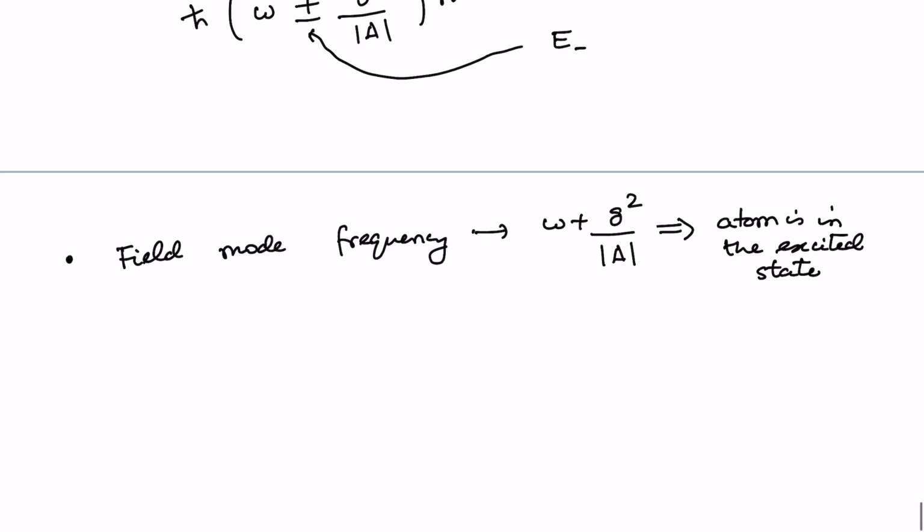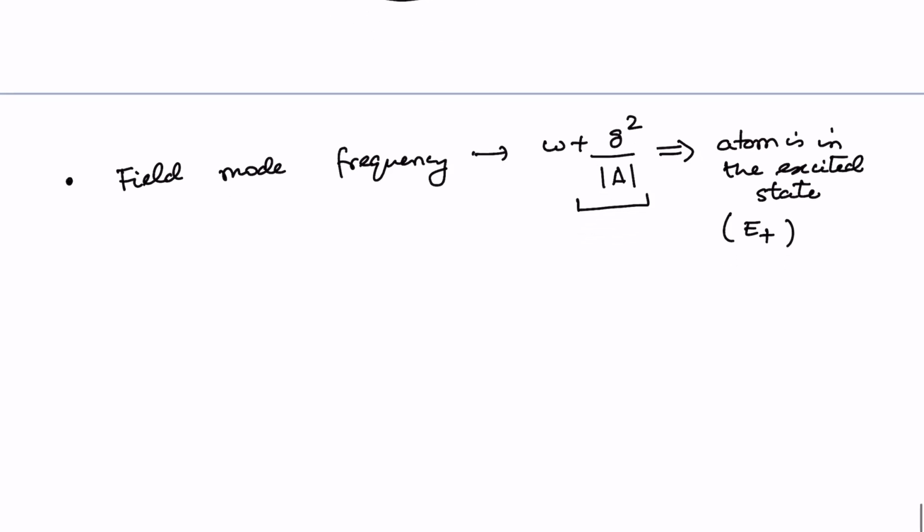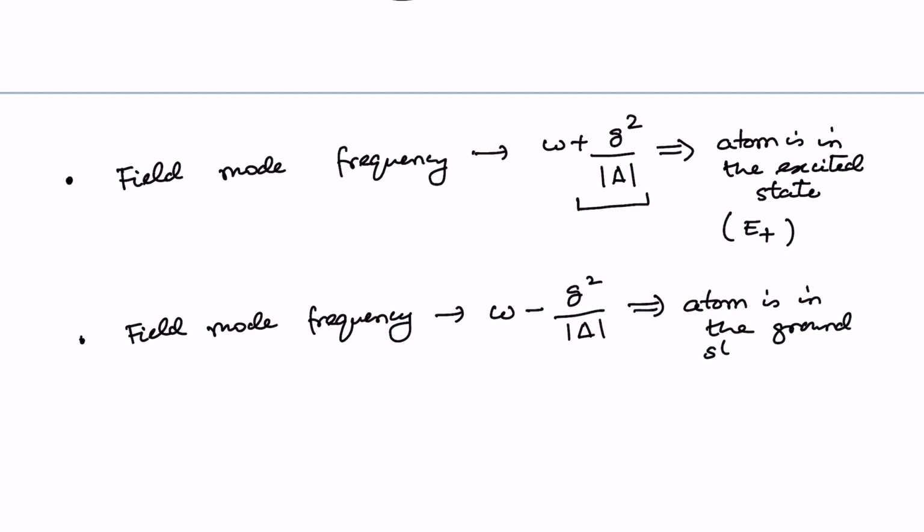If you find that the field mode frequency is upshifted by this amount, then you can conclude that the atom is in the excited state, at energy level E plus. And if you find that the field frequency is omega minus z² by mod delta, that means the atom is in the ground state, with energy E minus.